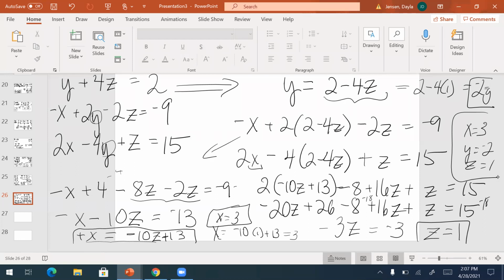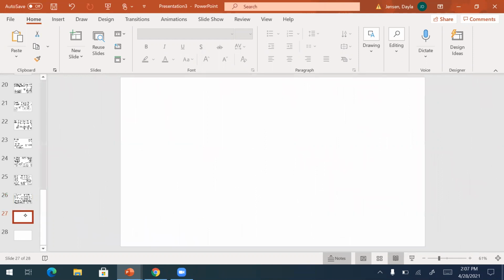It takes a lot of room, so give yourself a full page of paper. So there's a system of 3 equations, 3 unknowns. Identifying solutions.